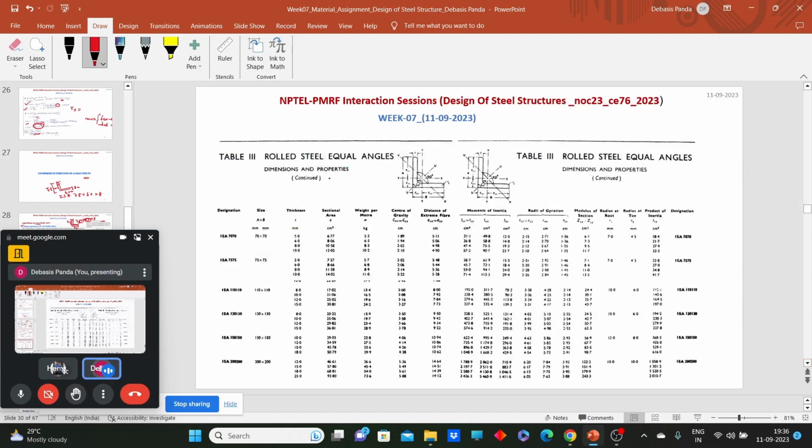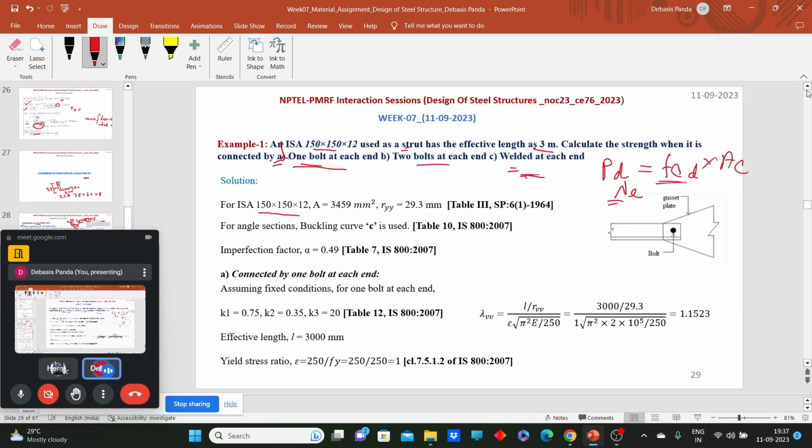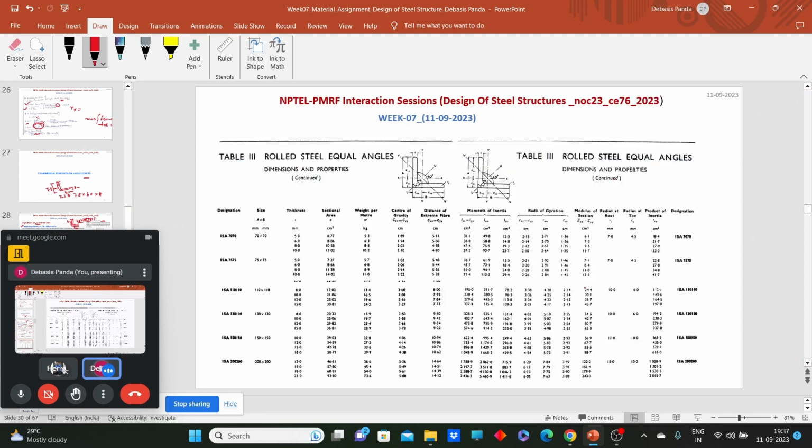So here we have the values. What was the section for our case? The section was 150 150 12. So here we have 150 150 and 12, here the value of 12, right? The thickness. So from here we can find the cross sectional area.